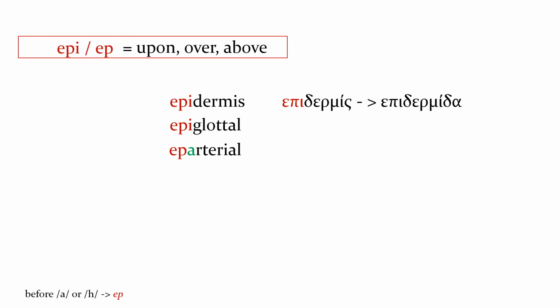Eparterial, ephidrosis. Okay, and you can see sometimes we're using the EPI, but before an A or an H, we're using EP. Okay, and there are lots of other words. These are not only used in medicine. We have an epilogue and an epitaph and many other words.